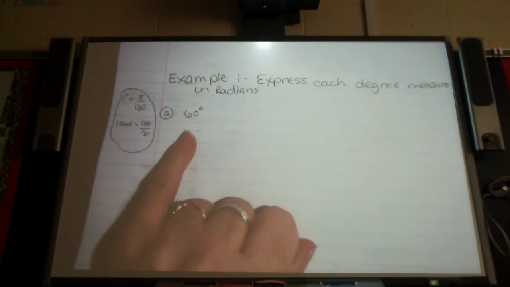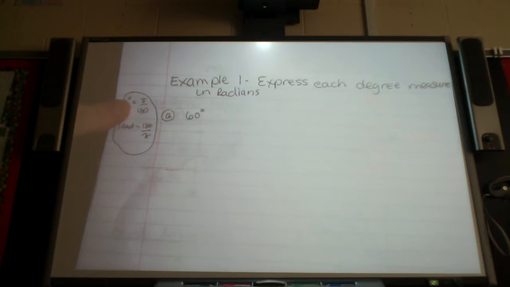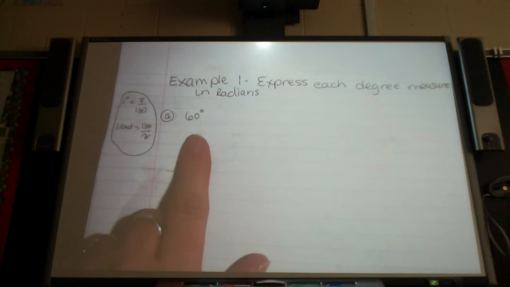If I know I have 60 degrees, how am I going to convert it to radians? One degree equals pi over 180. What am I going to multiply this by?